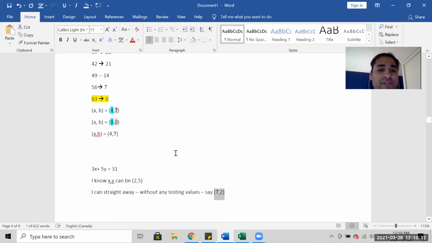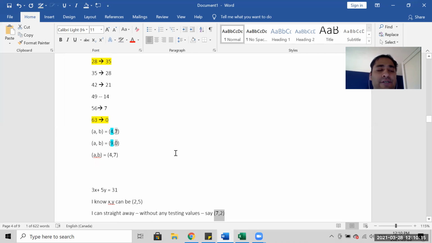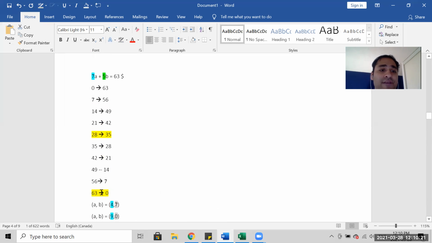And I was amazed by this trend I'm seeing, where without doing any mental math or testing values, if I know 9-0 works, I should also be able to tell that 4-7 works without any testing.